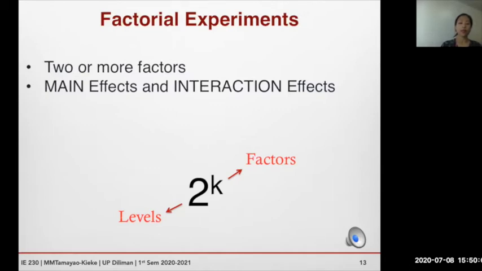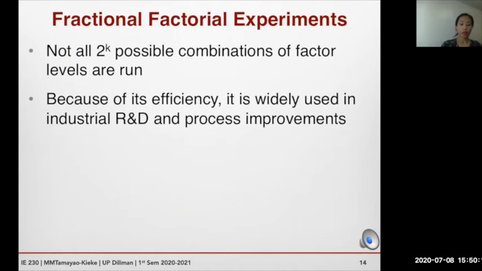In some cases, an experimenter can conduct more runs to have replicates, or runs of the same combination of factor levels. However, in some cases, such as when there are too many factors being investigated, the number of needed runs can become too high and therefore resource intensive.